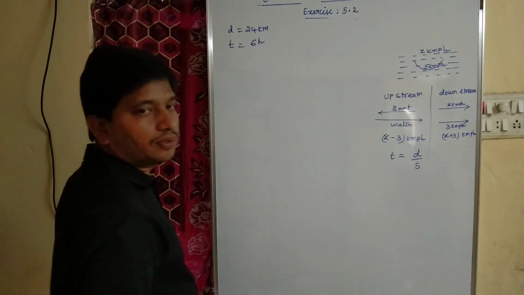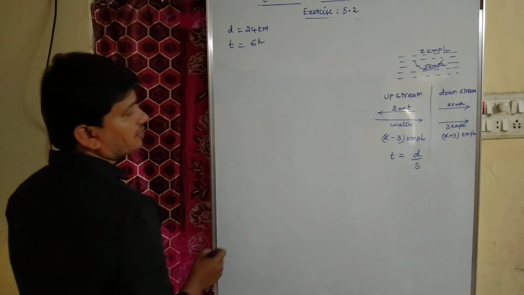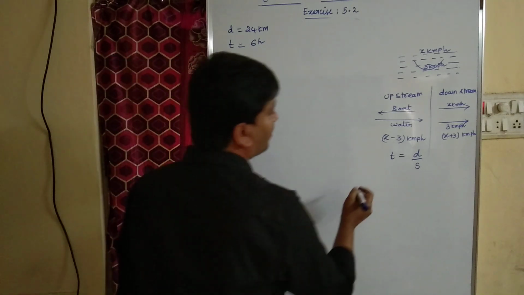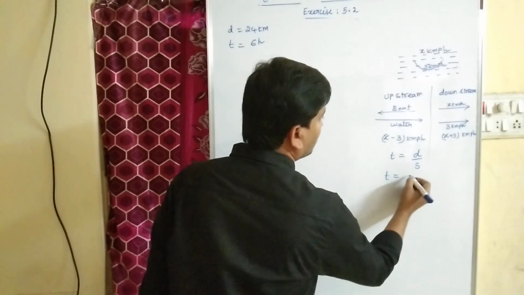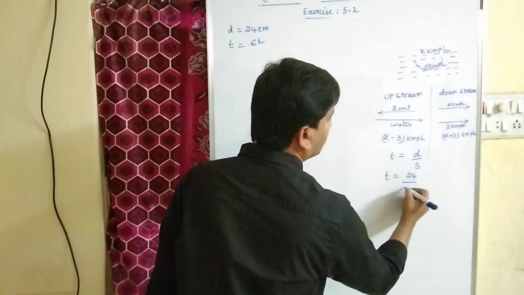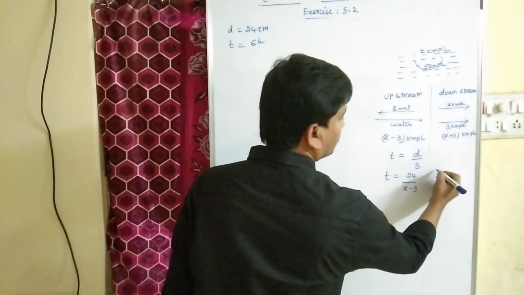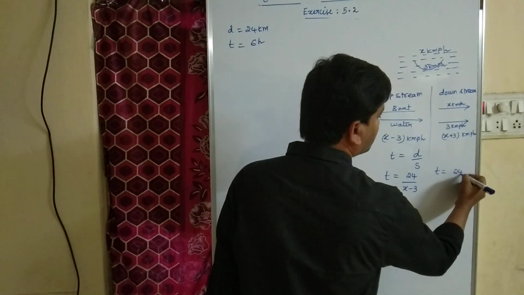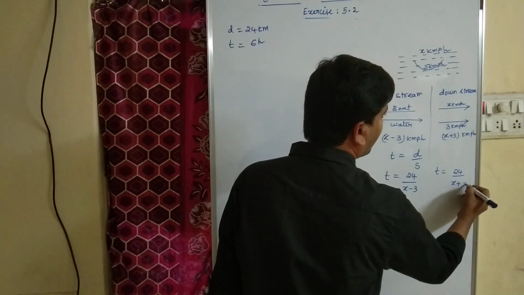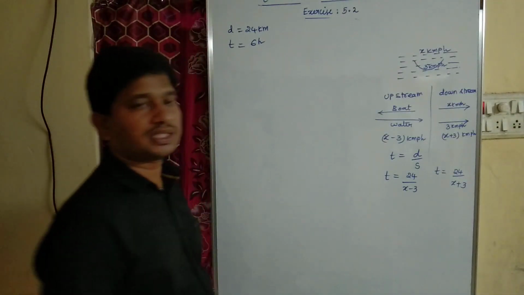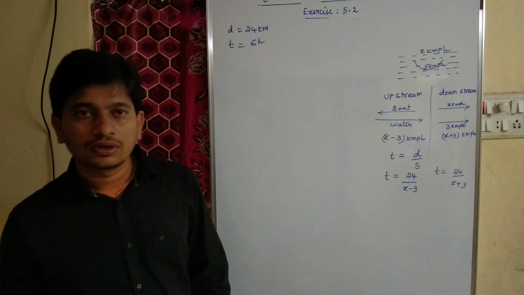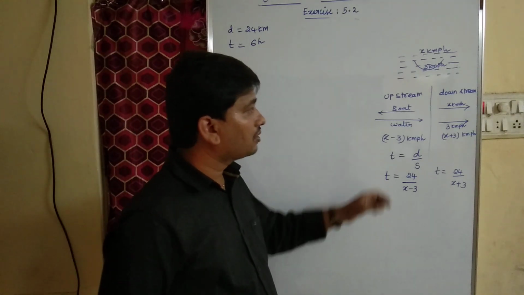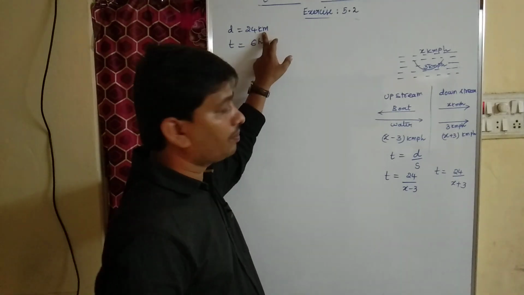Okay? So, total time taken is 6 hours. Time equals distance by speed. When it is upstream, time taken is distance 24, speed x minus 3. When it is downstream, time is distance 24 kilometers and speed x plus 3. Children, did you understand? Total distance is 24 kilometers.